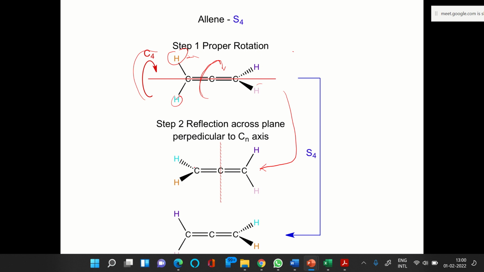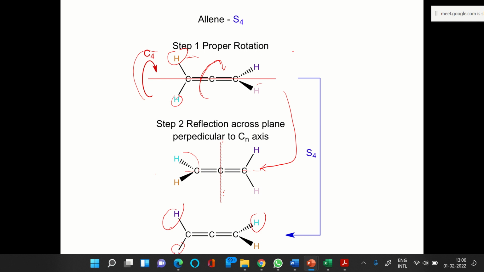So these two are here. Now you choose a perpendicular mirror plane. So this was the axis of rotation, perpendicular to this is the mirror plane, and now reflect it. So this comes over here, two hydrogens like this, and another two hydrogens over here.